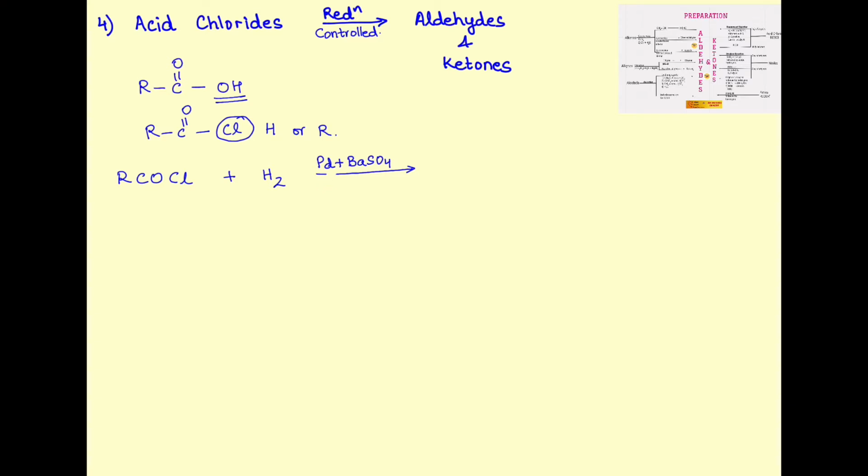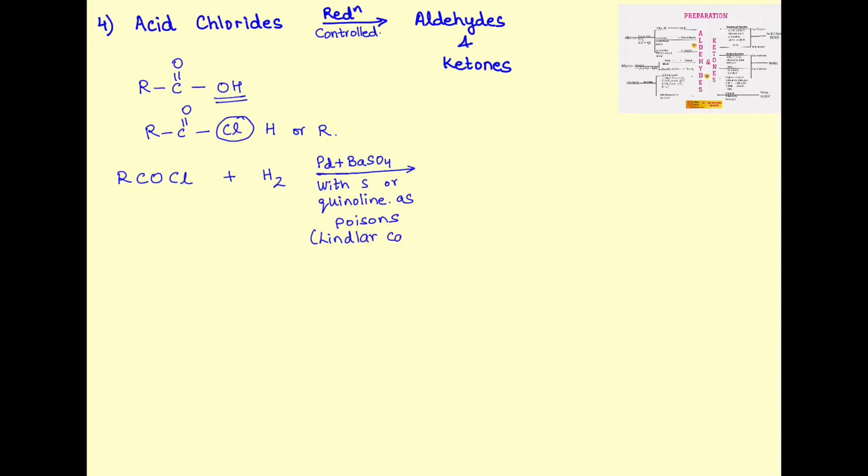So we add sulfur or quinoline, and what they do is reduce the reducing capacity of the hydrogen and palladium and barium sulfate combination, and that is why we write poisons over here, and this is known as Lindlar catalyst.